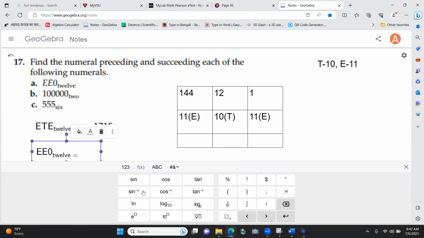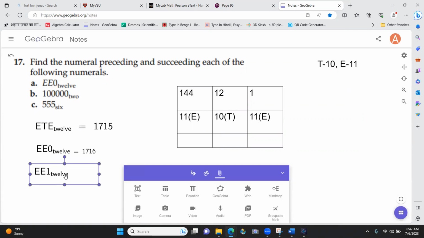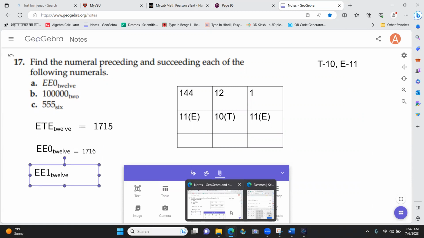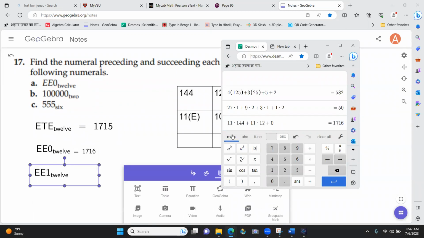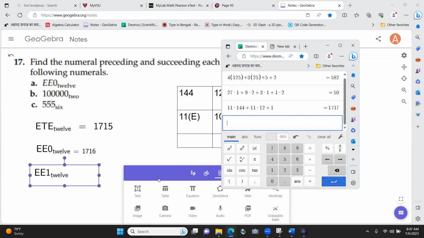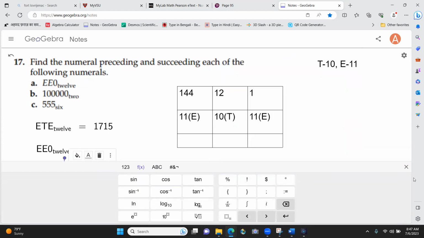It's actually 1,715, 1,716. All right, now we're getting there. What about this one? Well, let's try that one. This one is 11 copies of 144, 11 copies of 12, and then 1. So 1,717 is the third one.